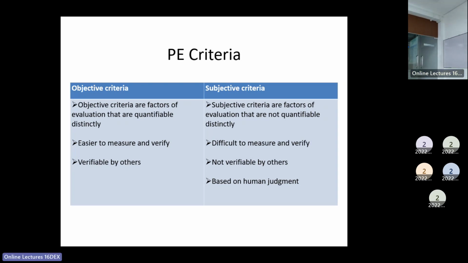What else? An objective criterion that can be measured accurately and demonstrates the performance of the lecturer. Yes, number of research projects conducted, number of papers published in indexed journals.